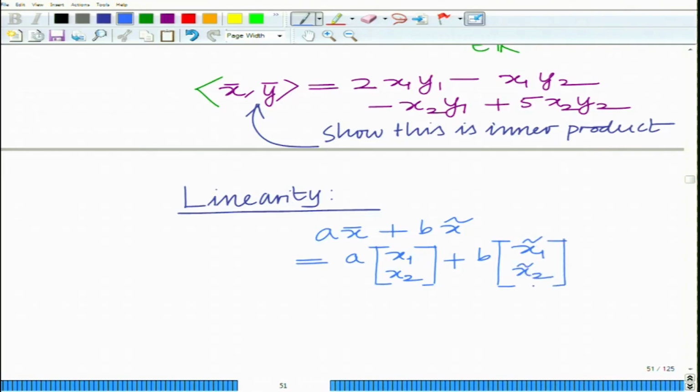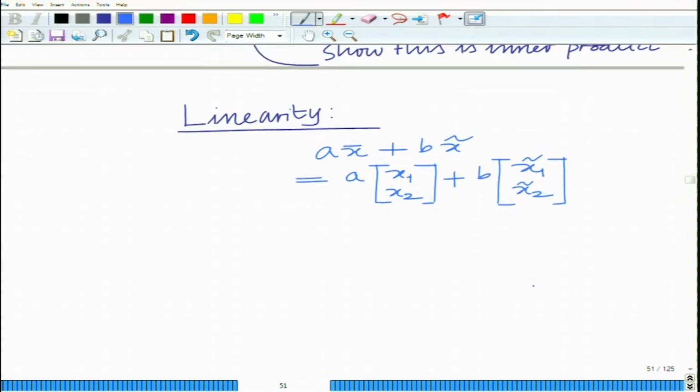So, we are taking a linear combination of the two vectors x bar and x tilde. Now, let us consider the inner product of A x bar plus B x tilde with any vector y bar.